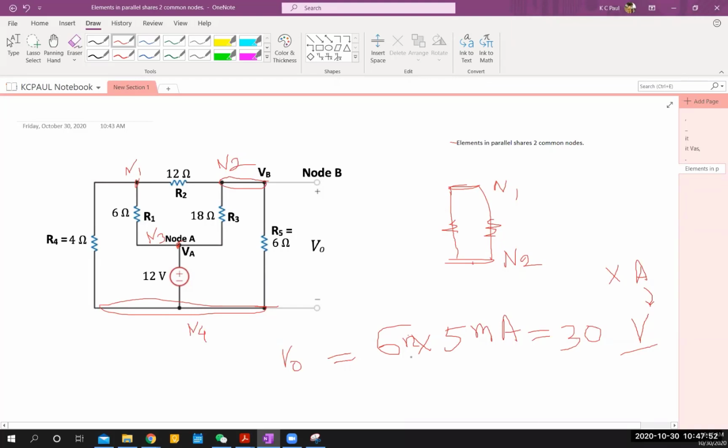This one is in ohm and this one is in milli, so that should be millivolts. Either 30 millivolts, or 0.03 volts is also fine.